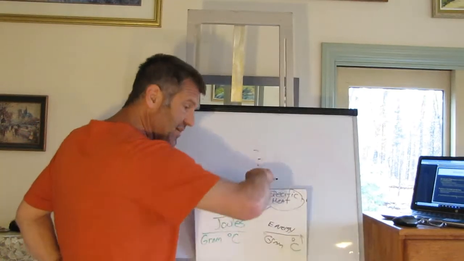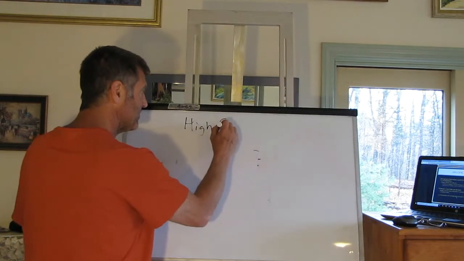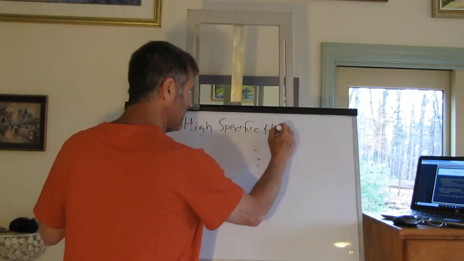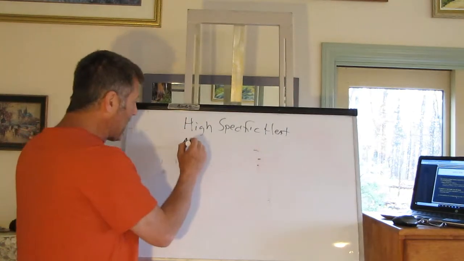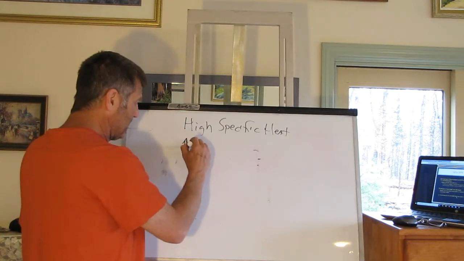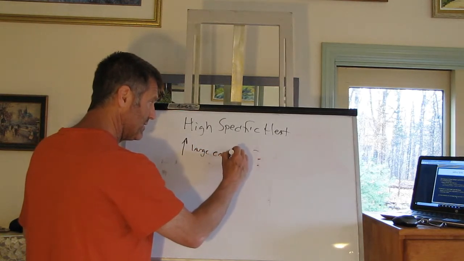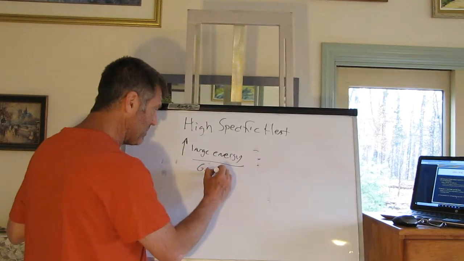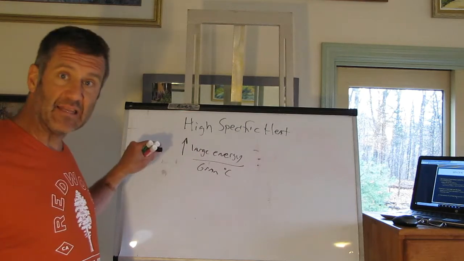So for specific heat then, if any object has a high specific heat, what does that mean? High means a lot. High means I need a large amount of energy to raise the temperature of 1 gram by 1 degree C. So high specific heat means I need a lot of energy.